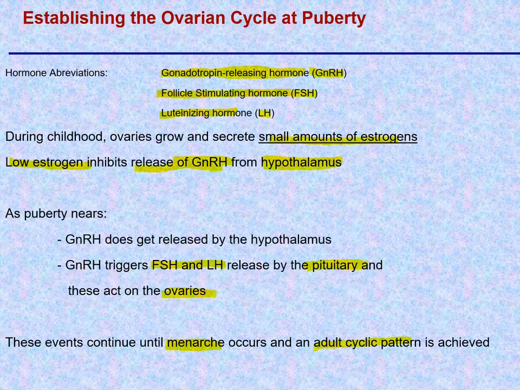So these later events are not going to happen in a child until she's mature enough and starts to produce gonadotropin releasing hormone, and that will be triggered, you'll see, by a rise in estrogen. I think that's on the next slide.